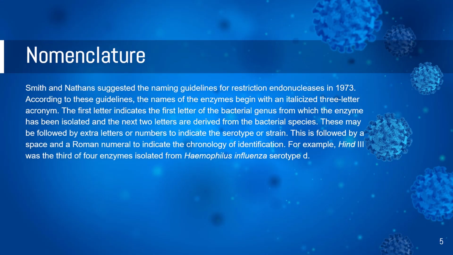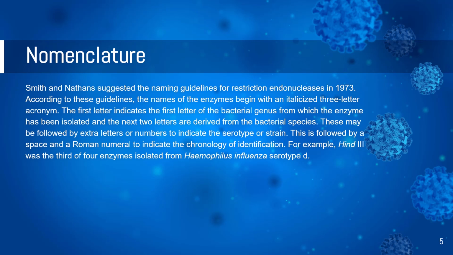Now, coming to the nomenclature, Smith and Nathans suggested the naming guidelines for restriction endonucleases in 1973. According to these guidelines, the names of the enzymes begin with an italicized three-character acronym. The first letter is the first letter of the bacterial genus from which the enzyme has been isolated, and the next two letters are derived from the bacterial species.